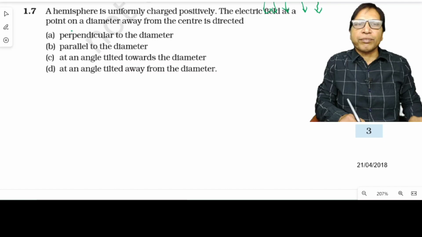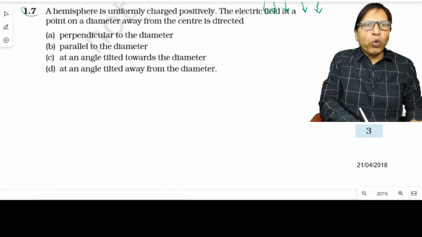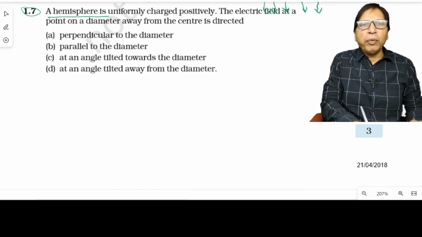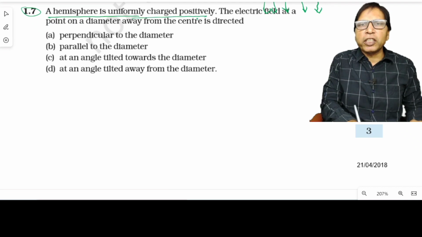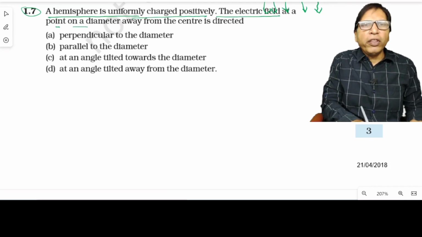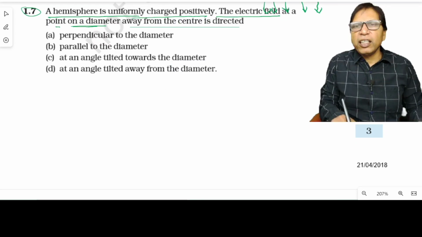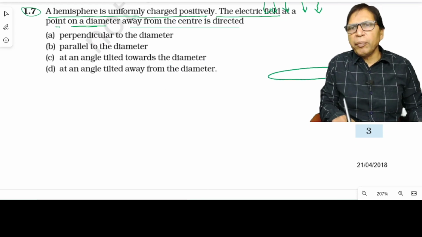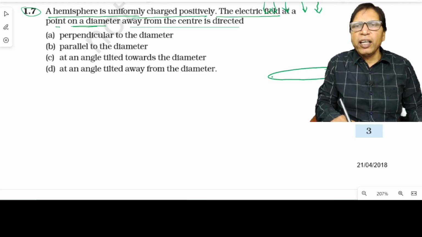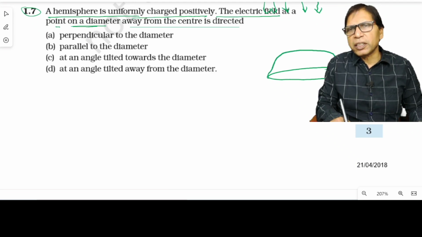Now question number 1.7. A hemisphere is uniformly charged positively. The electric field at a point on a diameter away from the center is directed. Suppose this is the base of a hemisphere, and this is the hemispherical surface.